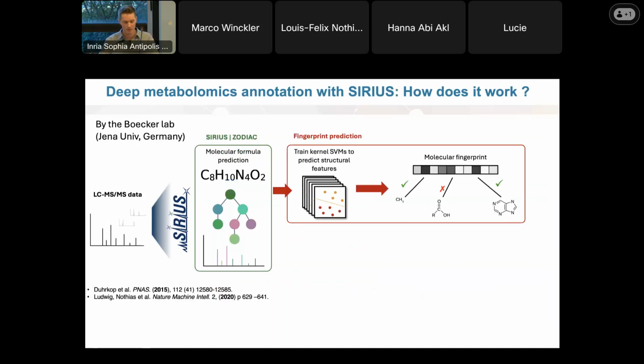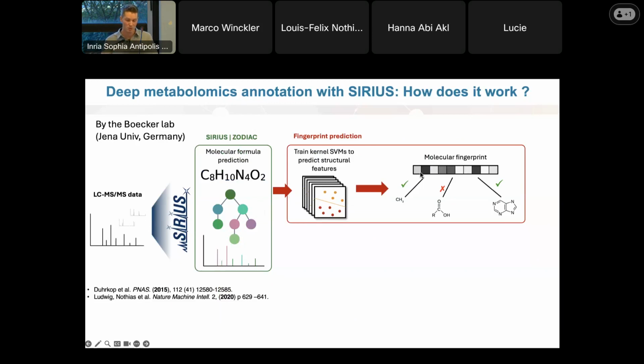So a quick summary of the process. We use the mass spectrometry data that is processed to detect the signals. And then we use a fragmentation tree analysis to decompose the spectrum into bricks. And from those elemental submolecular formulas, the method uses a support vector machine to predict chemical properties.